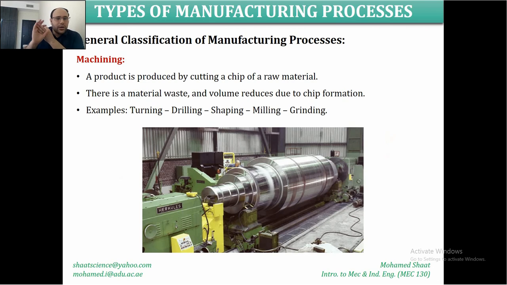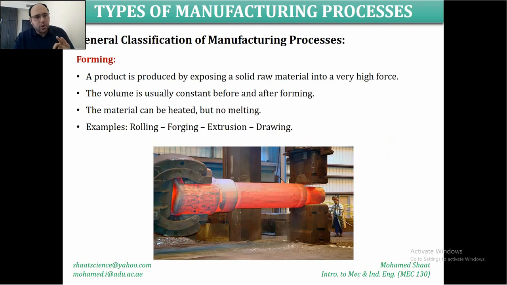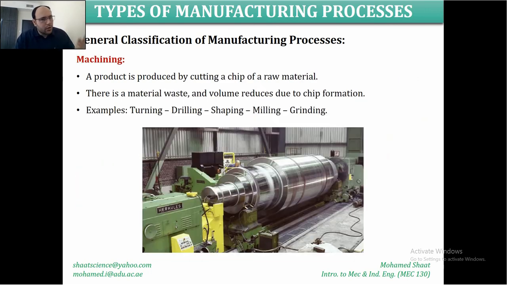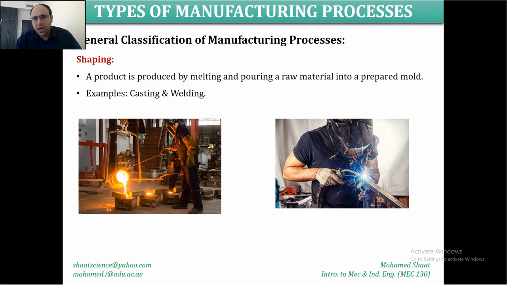There is another group that will be counted as machining processes. So we have three groups. We can simply group all the manufacturing processes, which are many, into three groups: shaping, forming, or machining. So what is the difference?